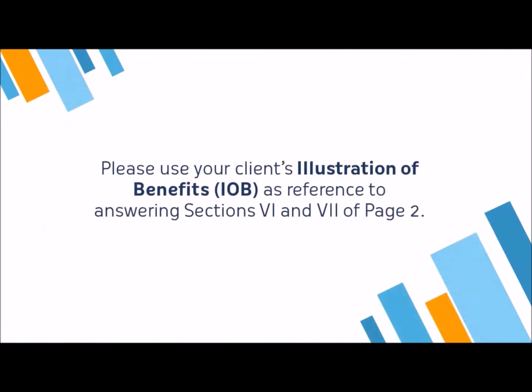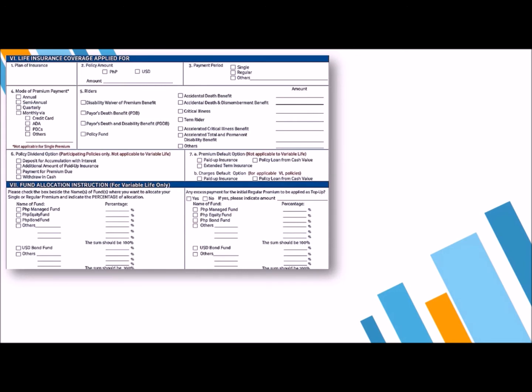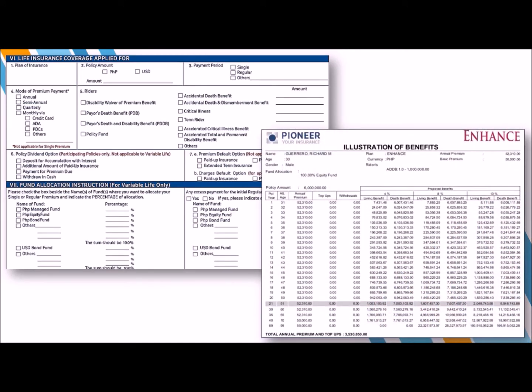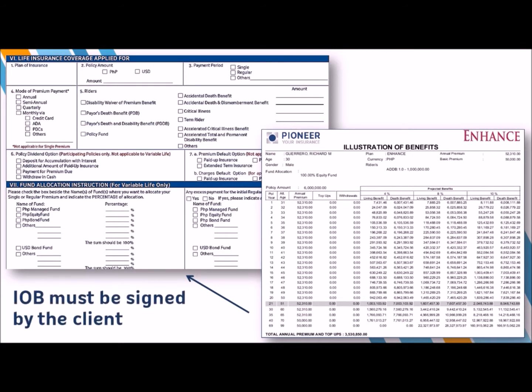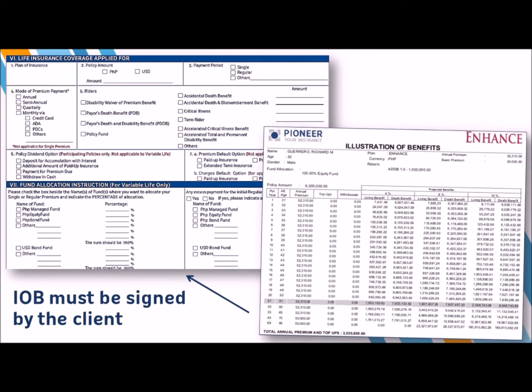Please use your client's illustration of benefits as reference to answering parts 6 to 7 of page 2. Please make sure that the IOB used as reference have been signed by the client.